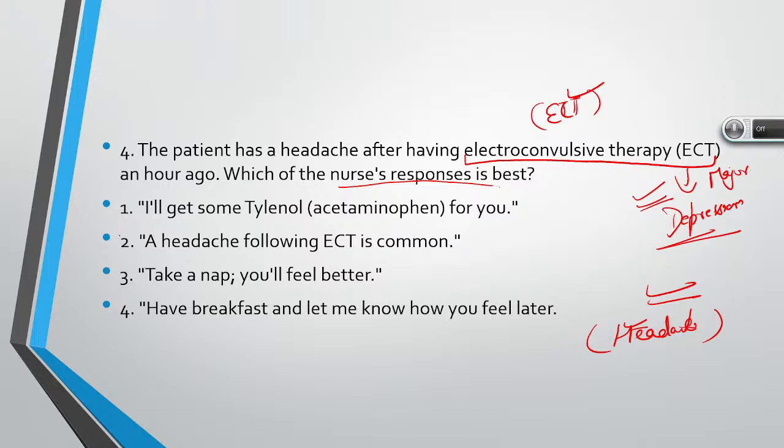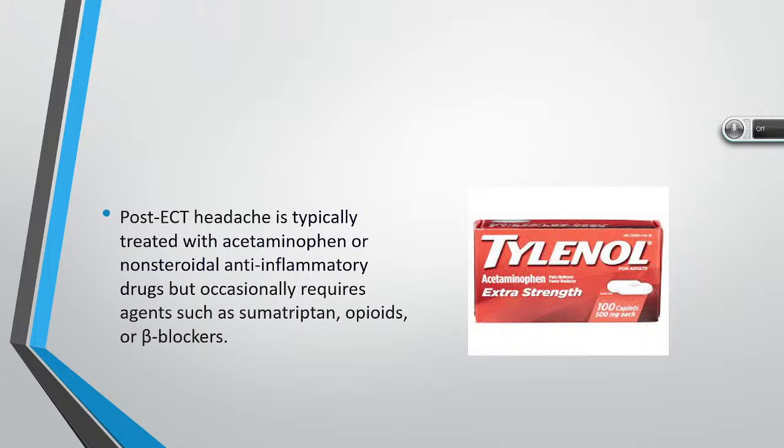So you can see how to solve this question. Let's see. We know that post-ECT headache is typically treated with acetaminophen or non-steroidal anti-inflammatory drugs, but occasionally requires agents such as supratentorial opioids or beta blockers. I have explained that post-ECT headache is the basic complication of ECT, and now how can we treat this headache of the client?